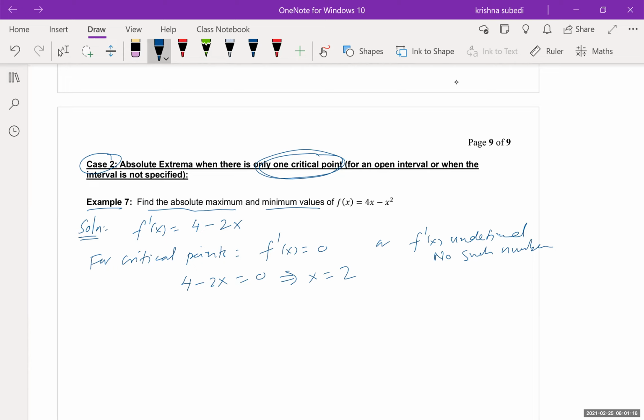So here, to check whether x equals 2 is an absolute minimum or maximum, we use the second derivative test.